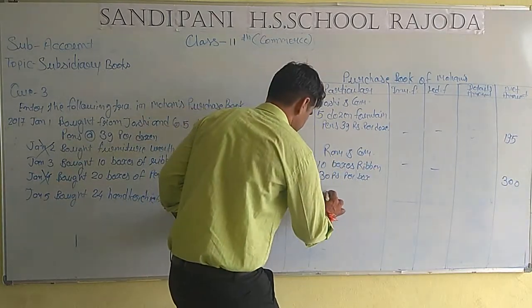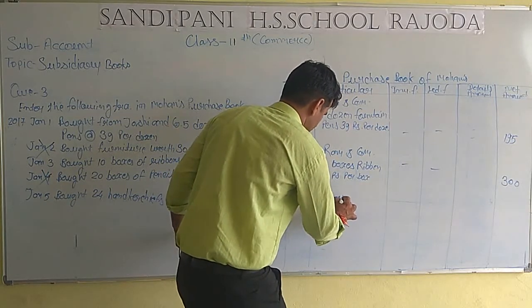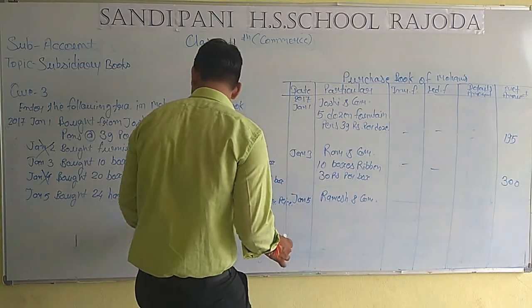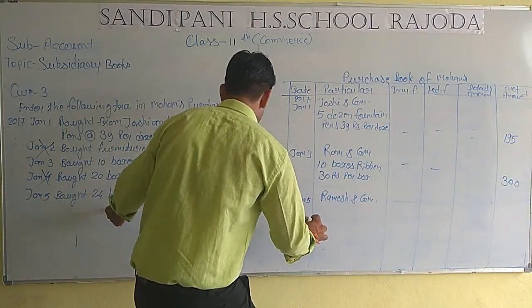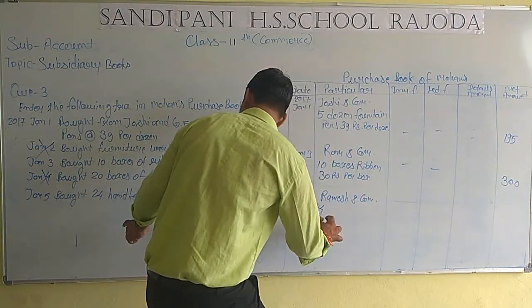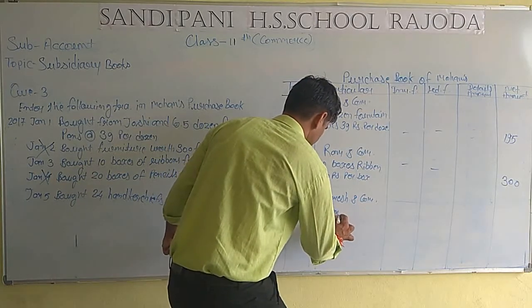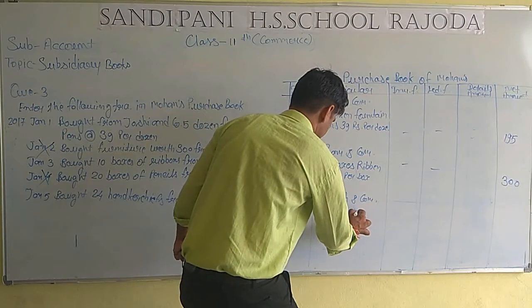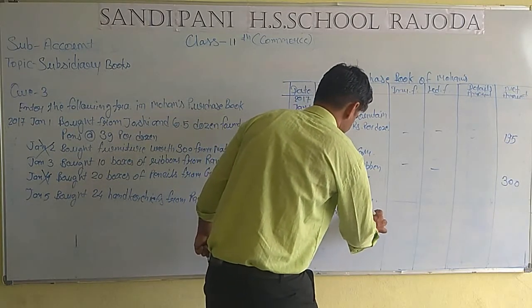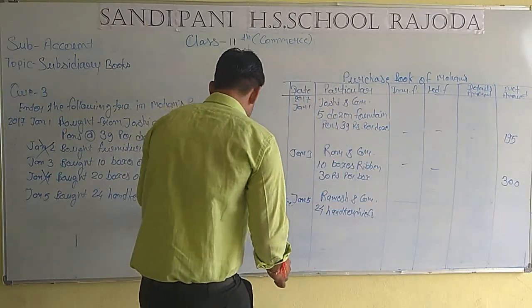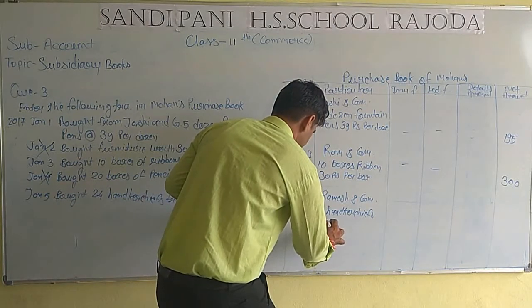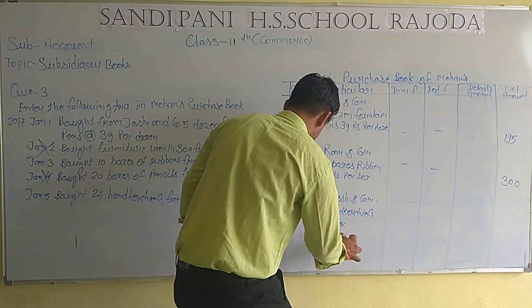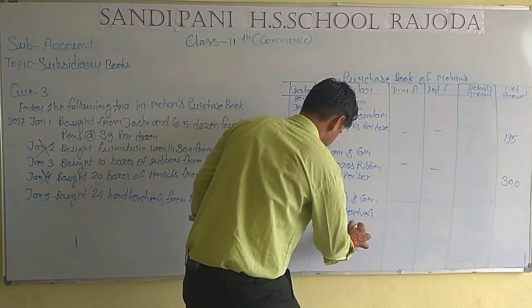Ramesh and Company, 24 handkerchiefs, 2.25 per piece.